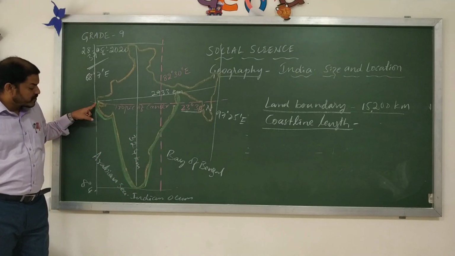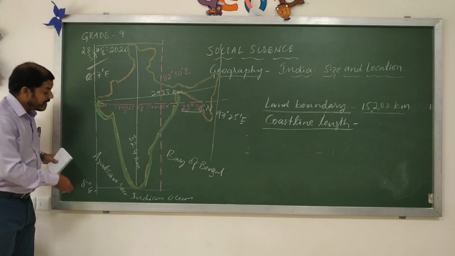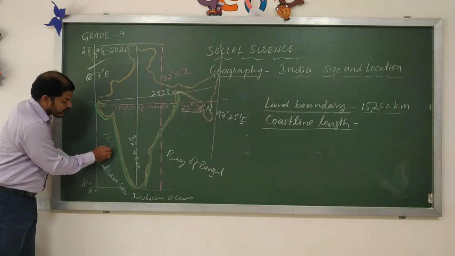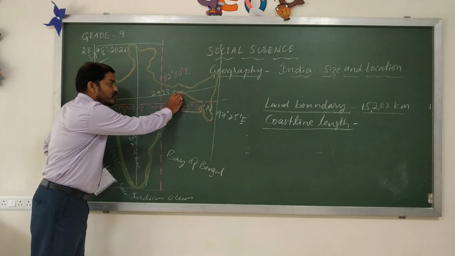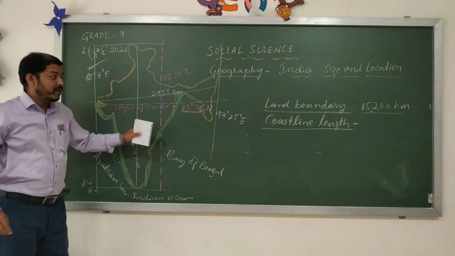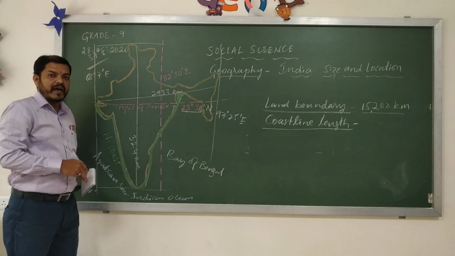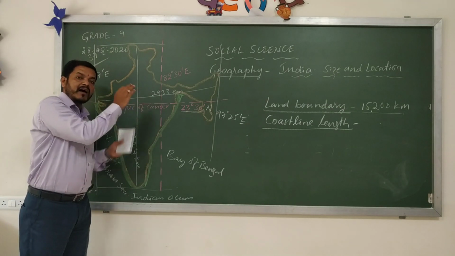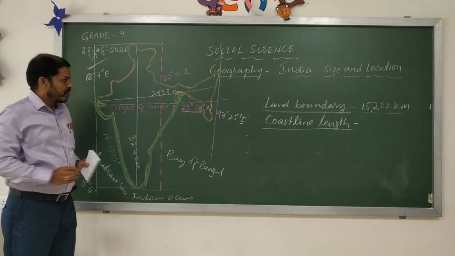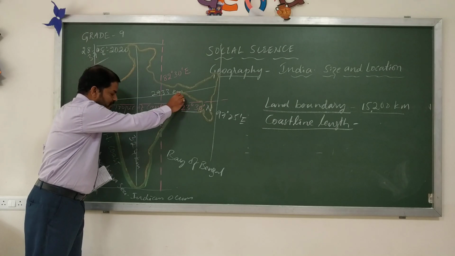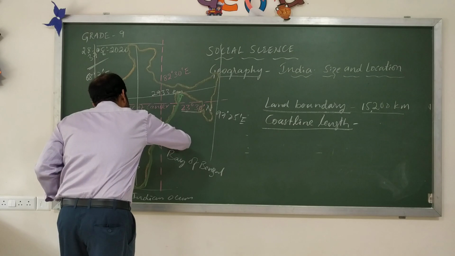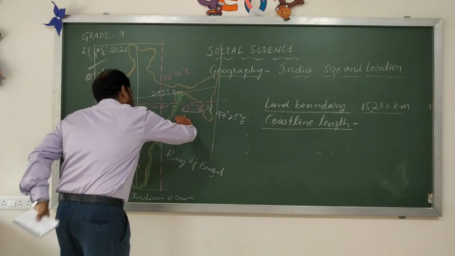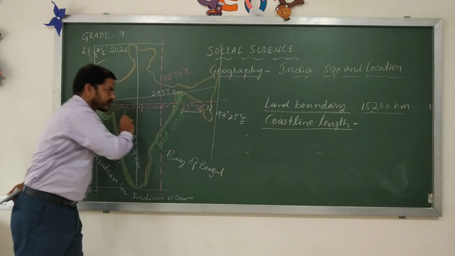From the Gulf of Kutch to Kanyakumari, it is the west coast. And from Kanyakumari to the Sundarbans Delta, Sundarbans is the world's largest delta, formed by the Ganga and Brahmaputra rivers. From the Sundarbans Delta to Kanyakumari, it is the east coast.